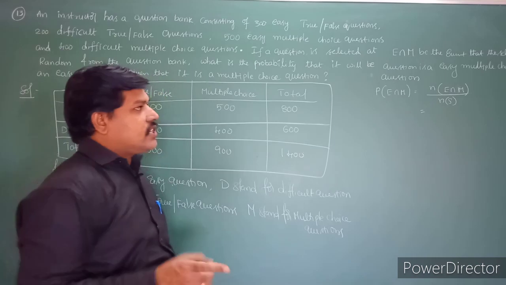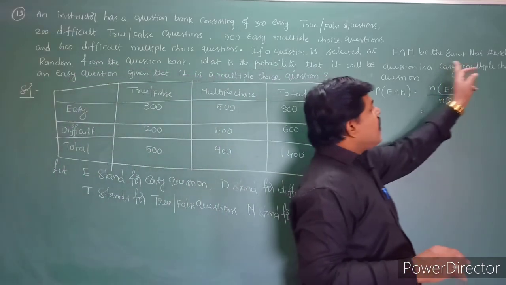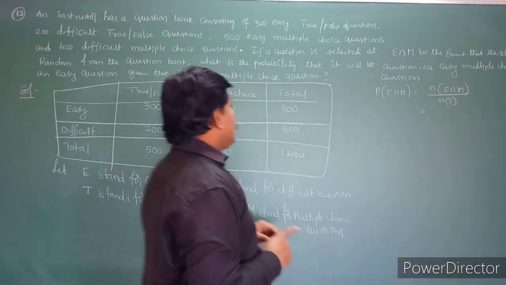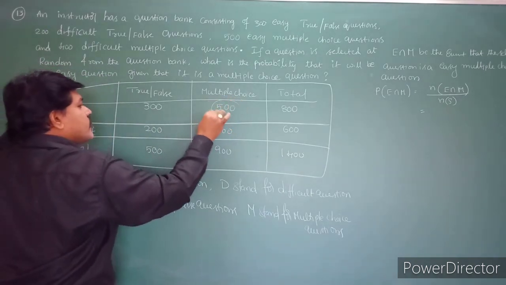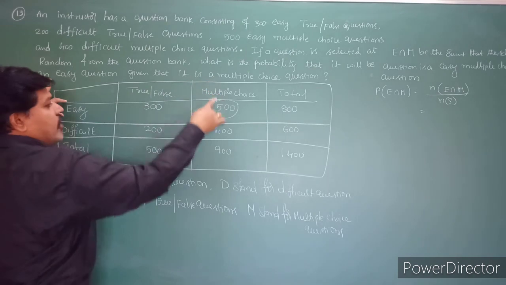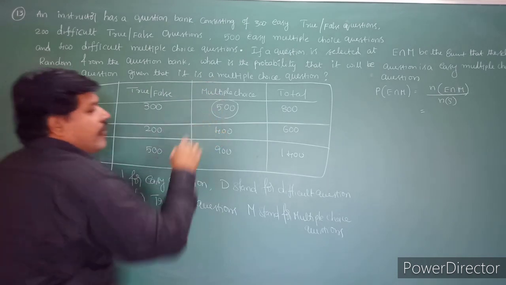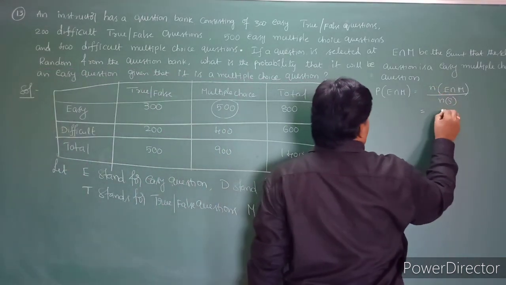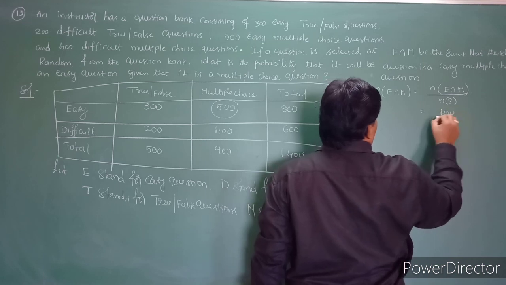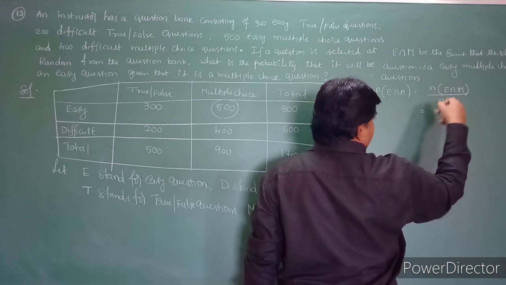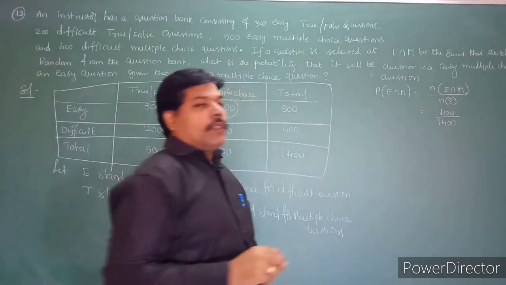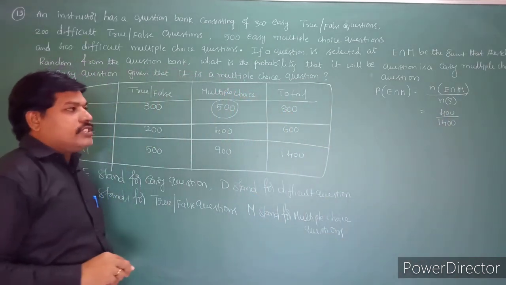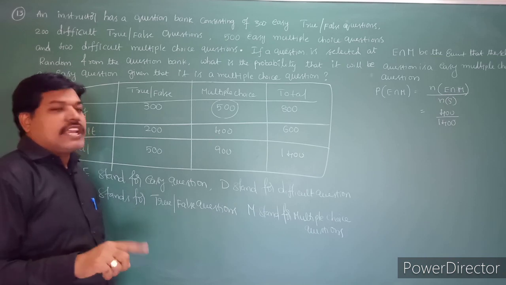So what is this? N of E intersection M means easy multiple choice questions. How many questions are there, students? Easy and multiple choice questions. How many questions are there? 400. So the intersection takes 400 by N of S. The total number of questions is 1400.